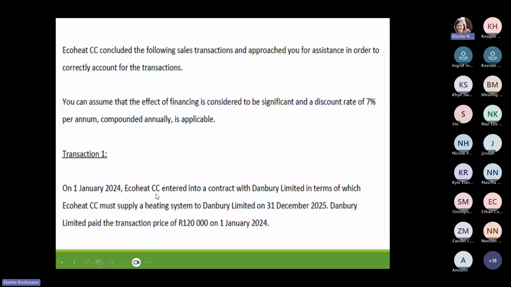Danbury Limited already paid them, but they didn't deliver yet. They will only supply the heating system 2 years later. So from when Danbury paid the transaction price, Echo Heat CC will only supply 2 years later, so they need to pay interest on that transaction.